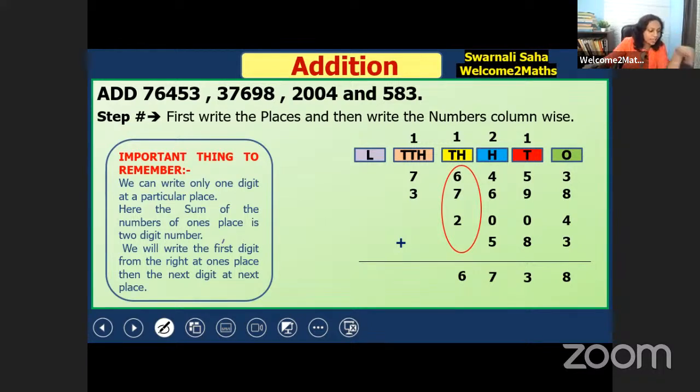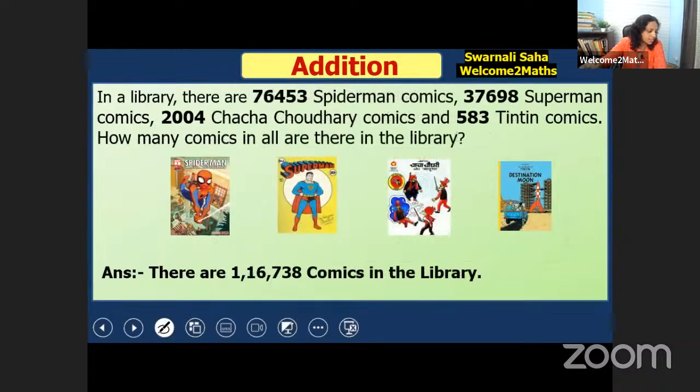Now it's 7 plus 3 is 10. 10 plus 1 is 11. So you can see our answer is 1 lakh 16,738. So how many comics are there in the library? This is the answer, 116738. How many of you have got the right answer?